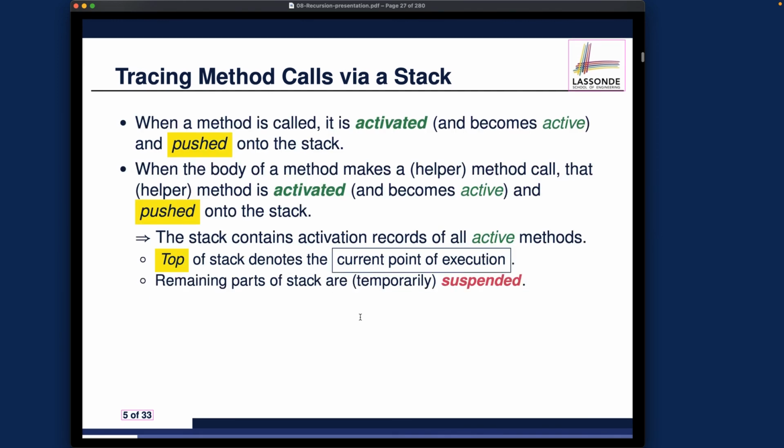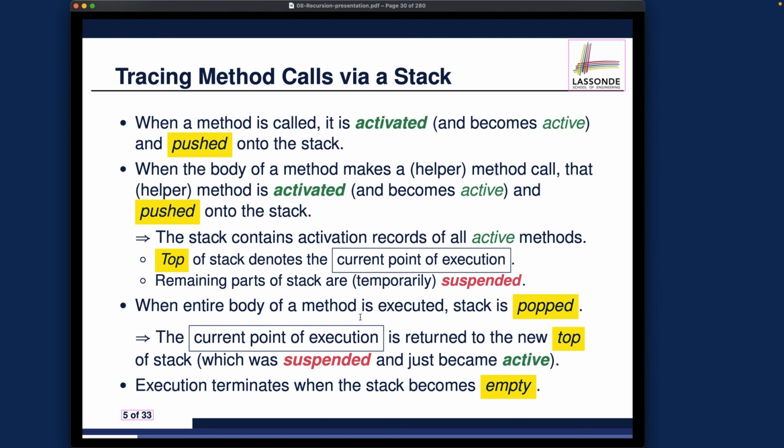But you can definitely go over all the points over here. Let me just emphasize the keywords that you have to revisit yourself. You can definitely feel free to also go back to your exceptions lecture to revisit what a call stack is. But we basically say every time a method is called, it will be activated and also placed or pushed onto the stack. That's the starting point of execution, number one.